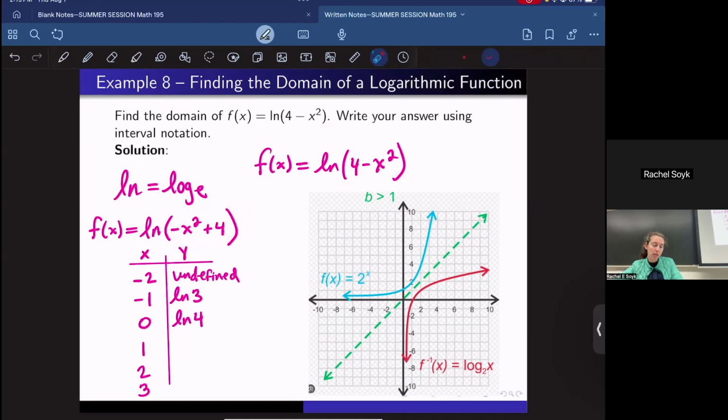This would have to be -3. So if we did the square root of 3 squared, yeah, let's get that one in. Square root of 3 is like 1.7, right?